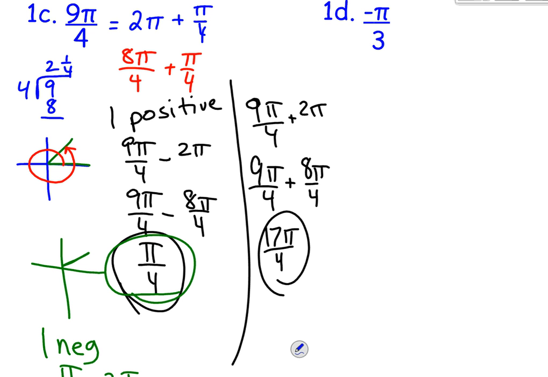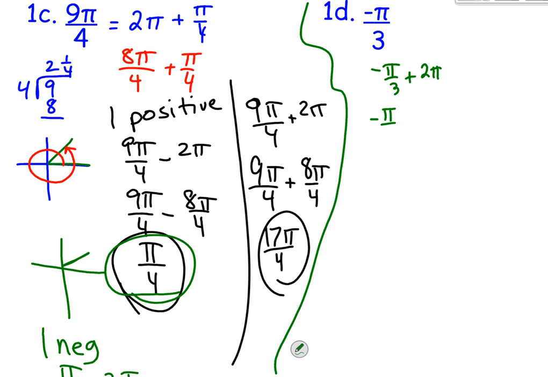Then the next one is negative pi over 3, so it's already negative. If I subtract 2 pi, I'll get another negative. If I add 2 pi, I'll get a positive. So negative pi over 3 plus 2 pi, which will be negative pi over 3 plus 6 pi over 3, and so 5 pi over 3 is what I get. That's my one positive.